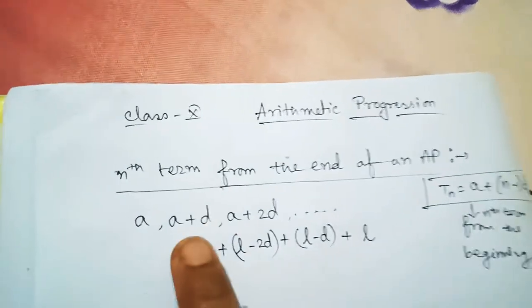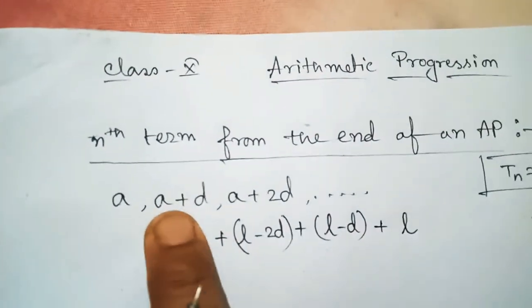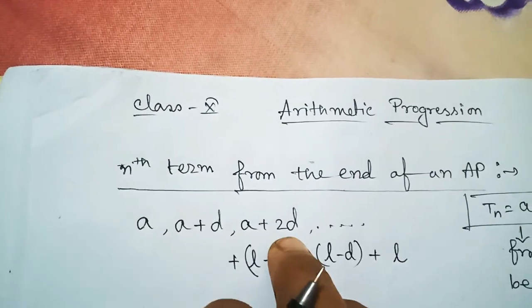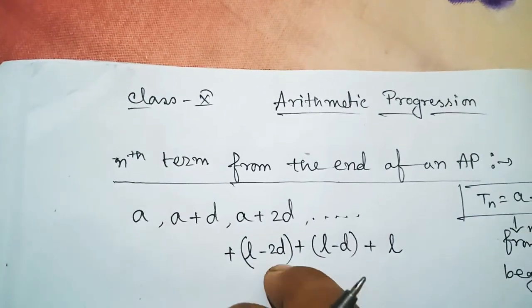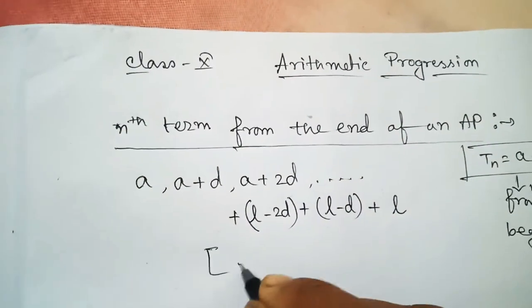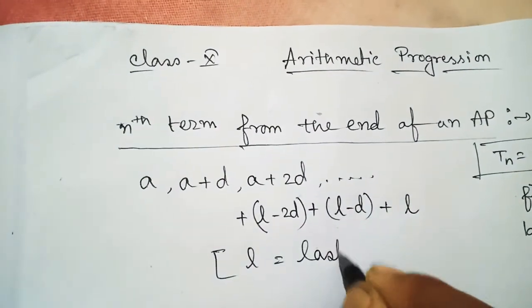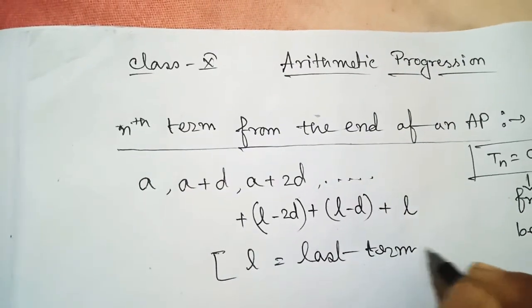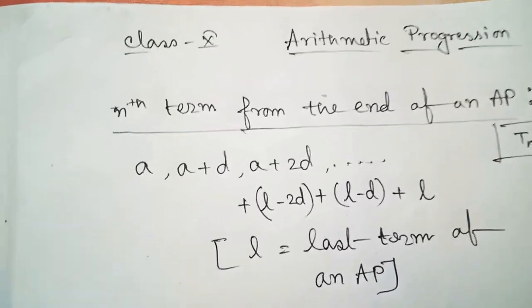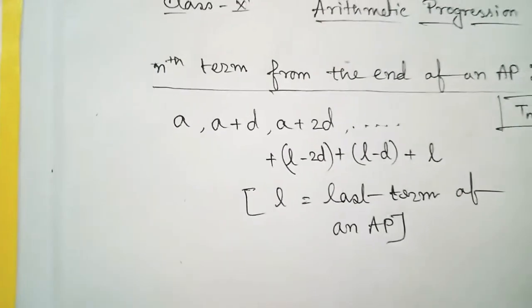Like this. So one AP can be written in this mode: a, a plus d, a plus 2d, dot dot dot, then L minus 2d, L minus d, L, where L equals the last term of an AP.